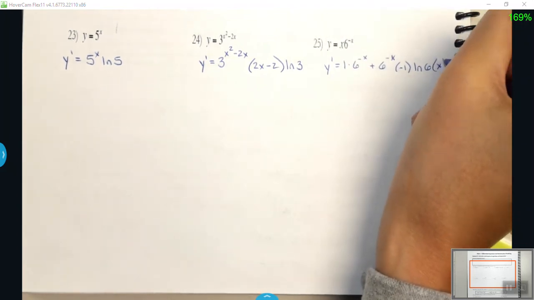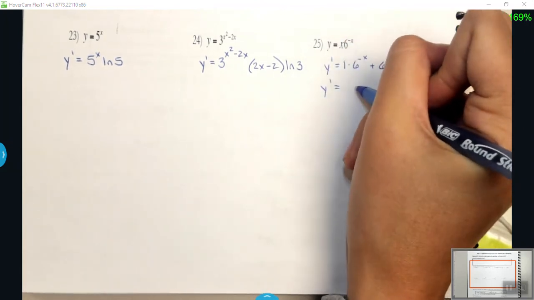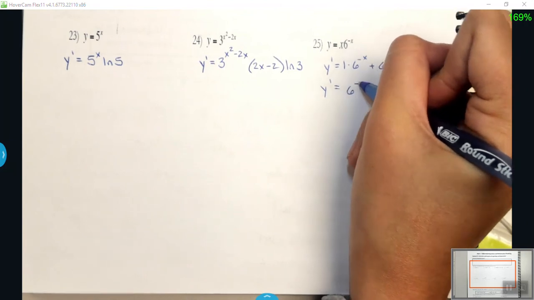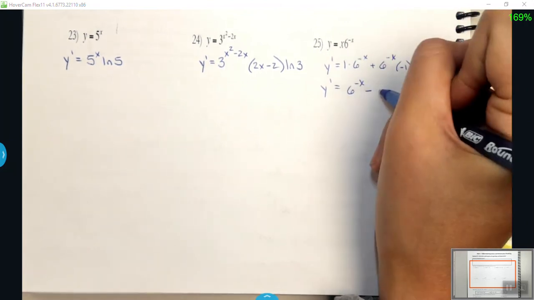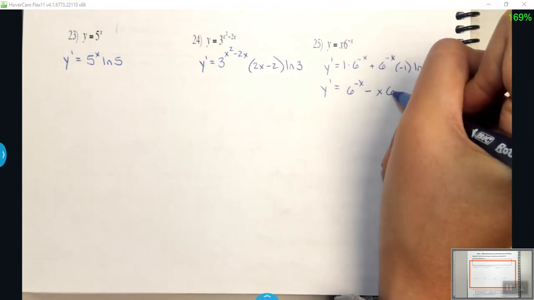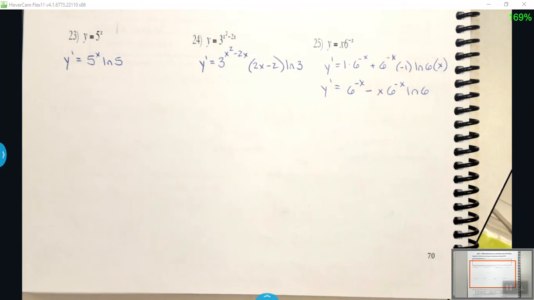Okay, so let's simplify to make it look nicer. 6 to the negative x minus, let's put the x in front, x times 6 to the negative x, natural log 6. Otherwise, people will think that the x goes in the natural log, and it doesn't really. Okay, derivatives should be super easy.